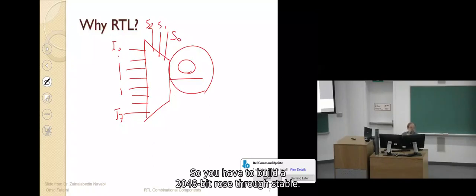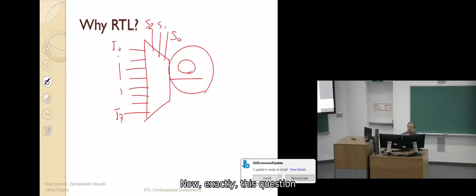So you have to build a 2048-row truth table, and the Karnaugh map has 11 variables, so we cannot handle it. And that was a very good question for our topic now.